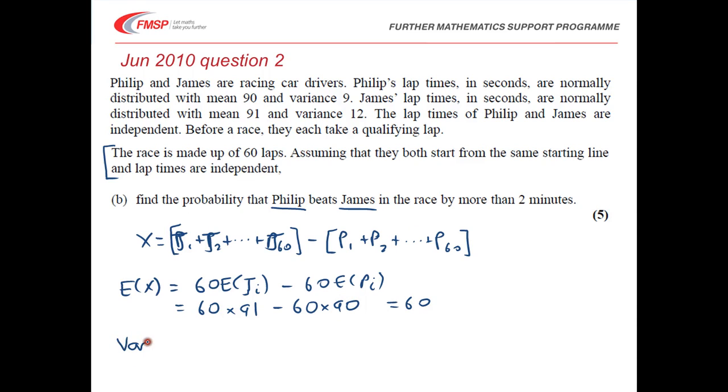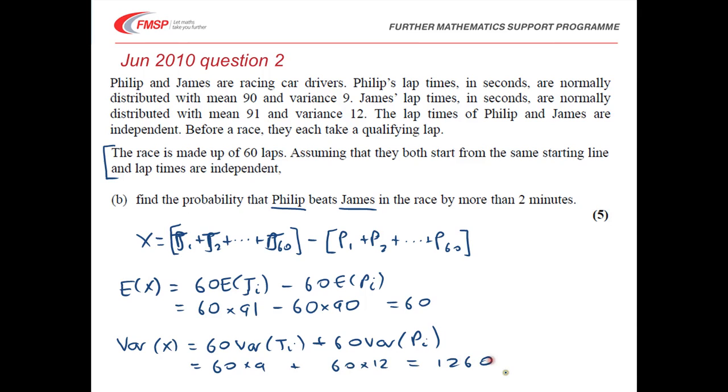With variances, it's not 60 lots of J1, it's J1 plus J2 plus J3, etc. So the variance of x is only going to be 60 lots of the variance of each Ji, plus, and that's really important, 60 lots of the variance of Pi. So if we work all of that out, that's going to be 60 lots of 9 plus 60 lots of 12, which gives me 1260. So what we can state is x follows a normal distribution with a mean of 60 and a variance of 1260, so root 1260 squared.